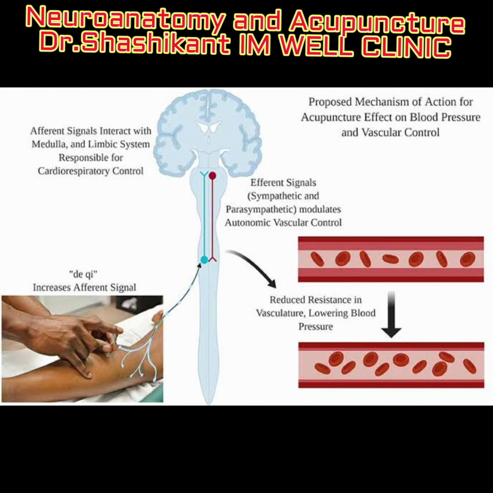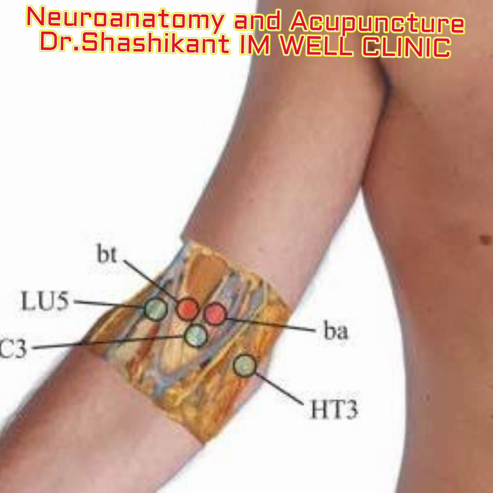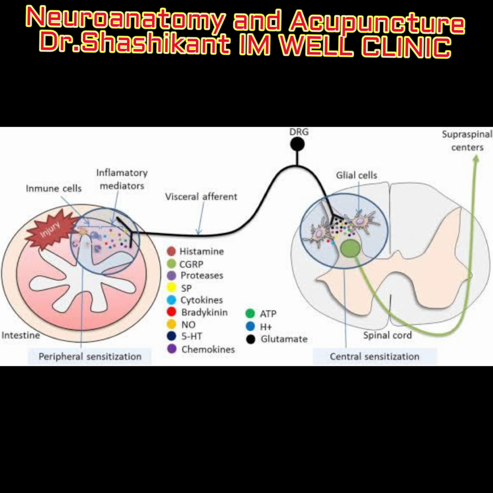So stay tuned for further details. Now what I am trying to share with you is the location of acupoints in relation to the anatomical structure and the physiological changes happening along with that. So we got to know that there is a definite correlation of meridian points, acupoints, and peripheral nerve distributions.